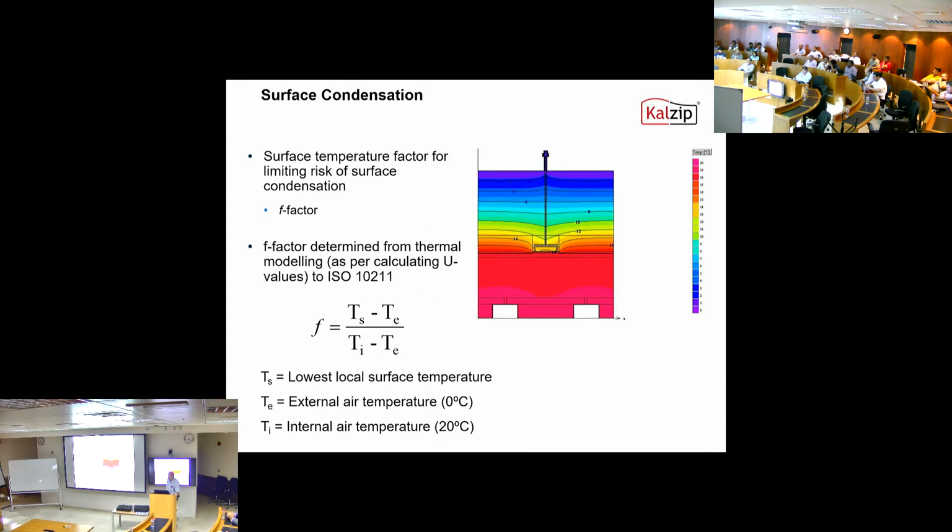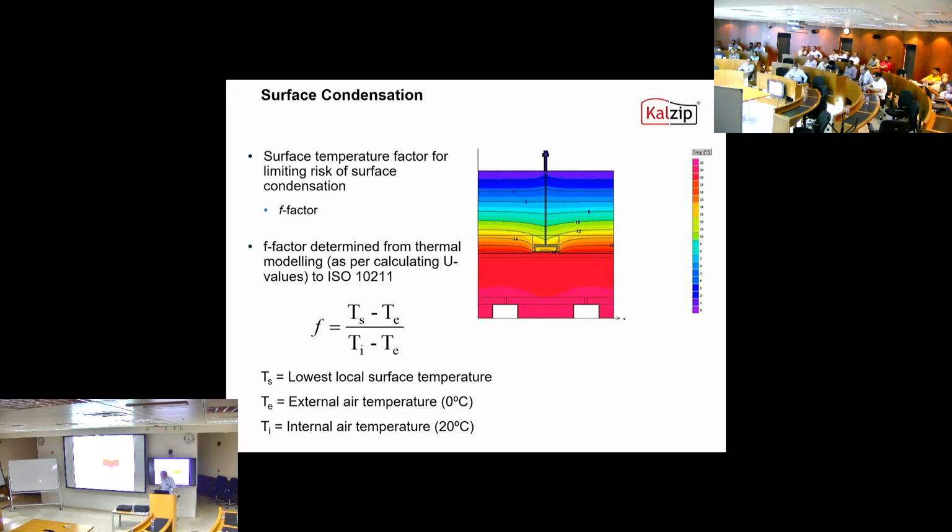This is a graph showing some finite element analysis we've done, like hot box testing. We're trying to look at surface condensation and the risk of surface condensation. So this is the model here. This is a trapezoidal liner. This will be a top hat clip, and you see the temperature gradient on this side here.